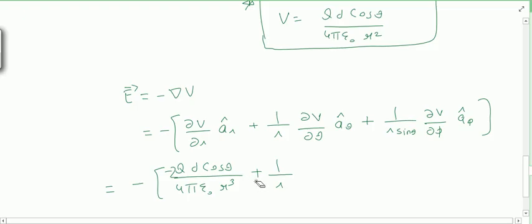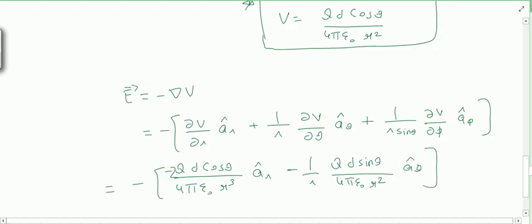After that, 1 by r del V by del theta, with respect to theta, q d and 4 pi epsilon r square will be constant, cos theta differentiation will be minus sin theta. So minus sign will come, q d sin theta divided by 4 pi epsilon naught r square, a theta cap.